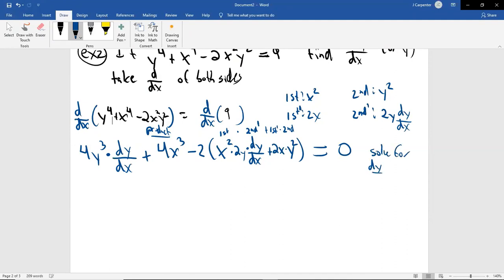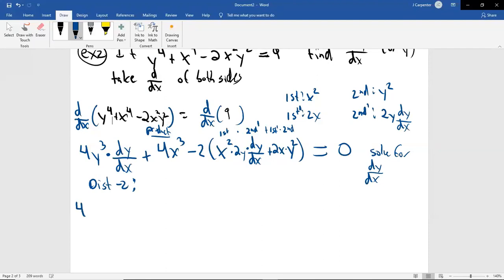Now what we need to do is ultimately solve for dy dx. First, let's distribute the -2 that's here.